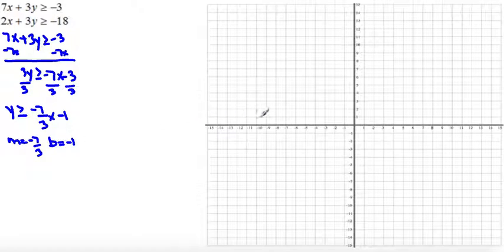So that's where I start when I graph. I start at negative 1 on the y-axis, and my slope is negative 7/3. So go down 7 to the right 3. Okay, and then to extend the line, I go up 7 to the left 3.